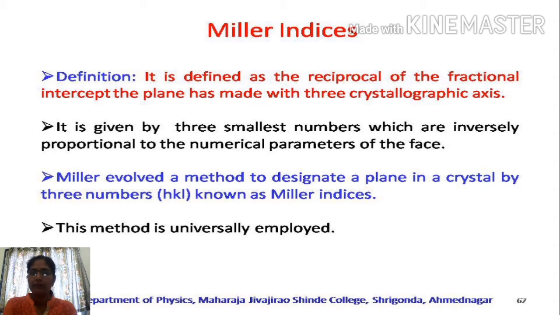Miller evolved a method to designate a plane in a crystal by three numbers, small hkl mentioned in brackets, and these are known as Miller indices. This method is universally employed in crystallography, in order to find out crystal structure, this hkl value is most important.